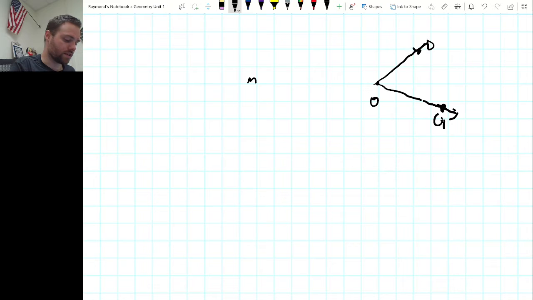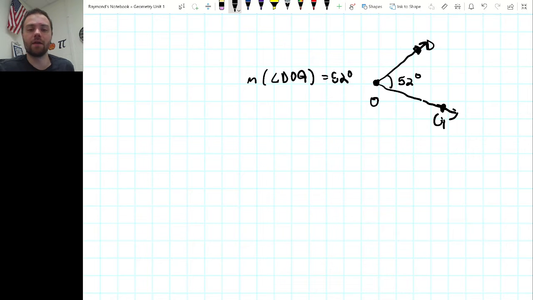I'm trying to draw this neat. Not perfect, but it happens. And it says there that this angle is 52 degrees. So the measure of angle DOG is equal to 52 degrees. That just means if I measure it with a protractor and you measure it with a protractor, we better get the same, close to the same answer. But angle DOG is referring to the entire angle.